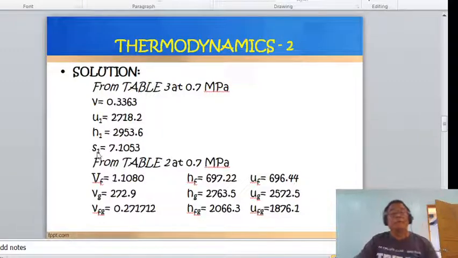For the enthalpies, h sub f is 697.22, h sub g is 763.5, and the mixture h sub fg is 266.3. Actually, class, h fg is only the difference of h g and h f. Next, for the internal energy, u sub f is 696.44, u sub g is 2572.5, and the difference of u sub g and u sub f is 1876.1.